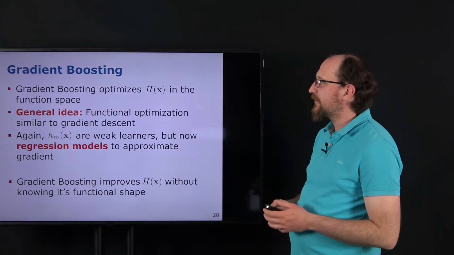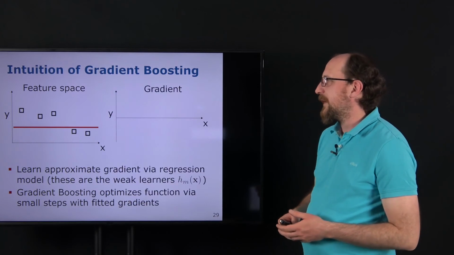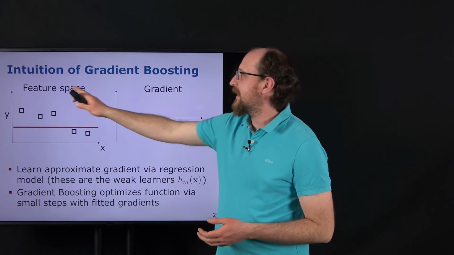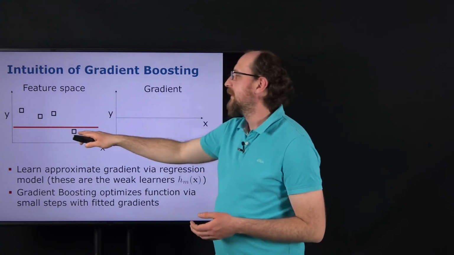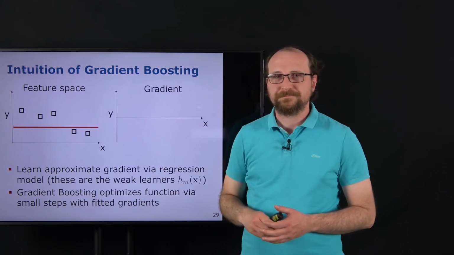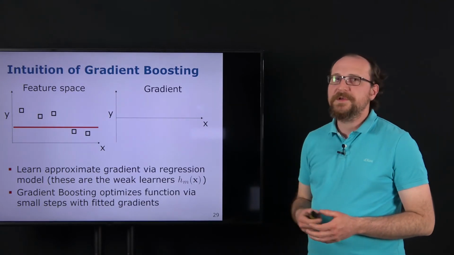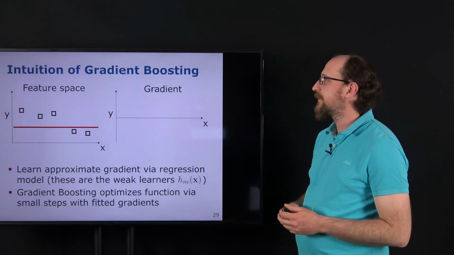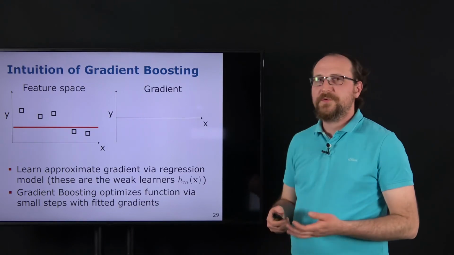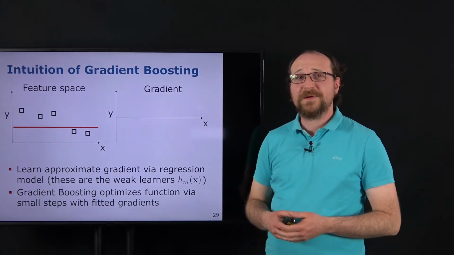To get some intuition about what gradient boosting is actually doing, I try to explain it here for the regression case. Let's say we have our training examples like this here, and we have our ensemble that is predicting maybe this line. What gradient boosting does internally is basically learn a representation of the gradient function, which is not analytically derived, but just learned.